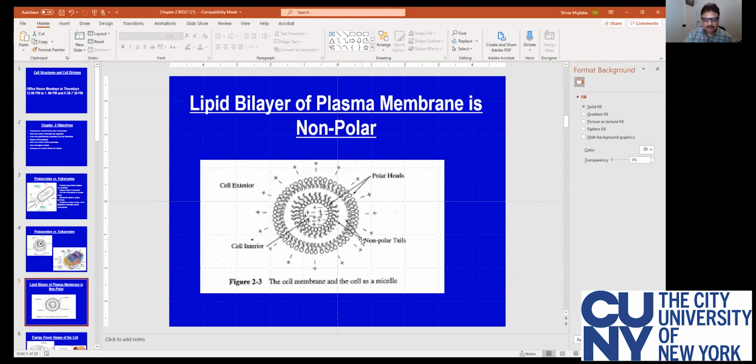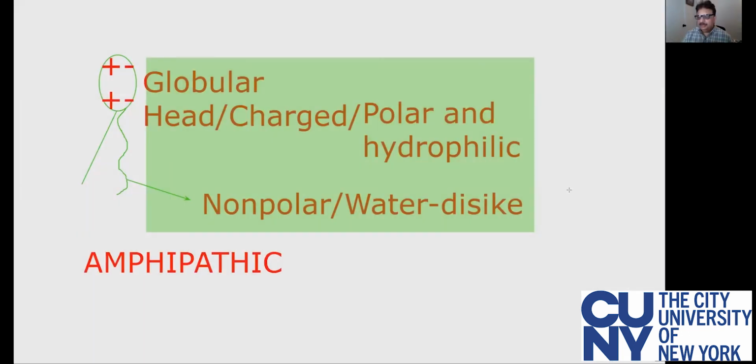And that's why the plasma membrane is called bilipid layer. So let's say this is the head, and these are the tails of lipids. Now in a membrane, there will be, as I mentioned to you, two layers of lipid.